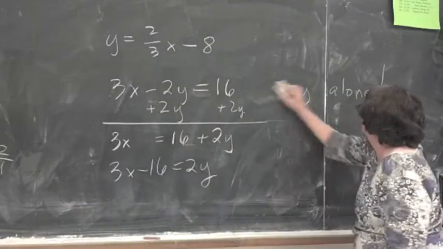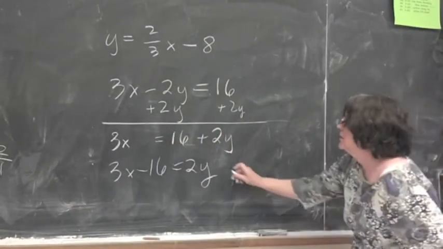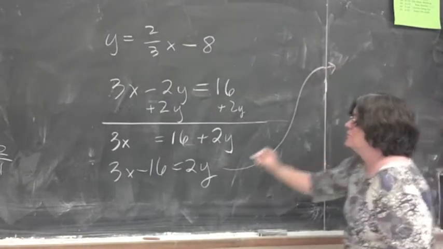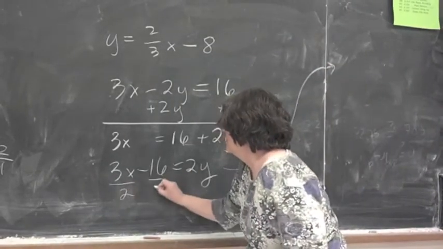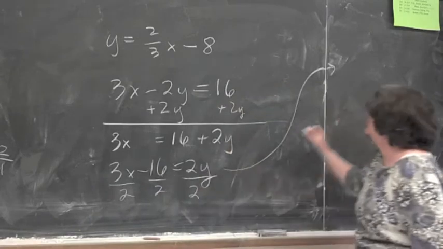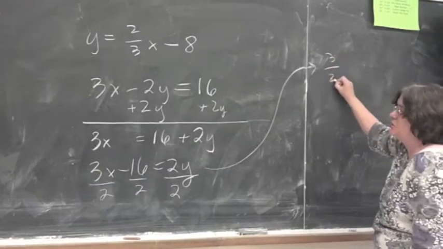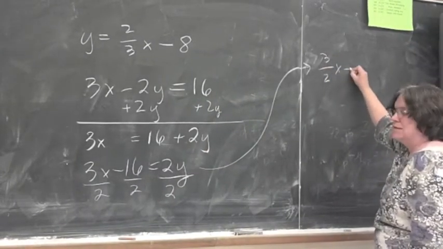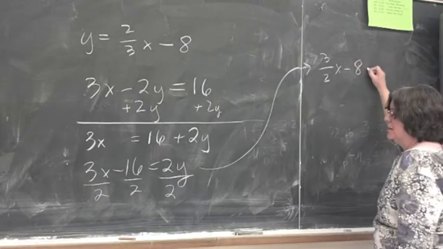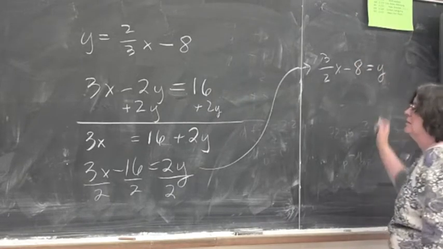Now, let's get that y alone finally. We'll divide everything by 2. So we'll have 3/2 times x, 16 divided by 2 is 8, equals y.